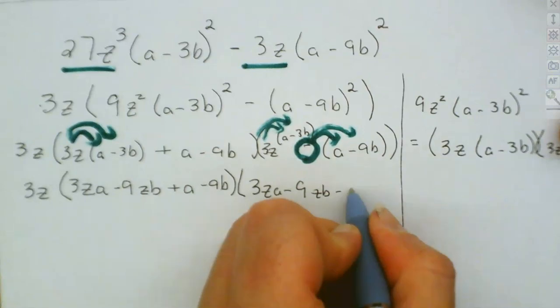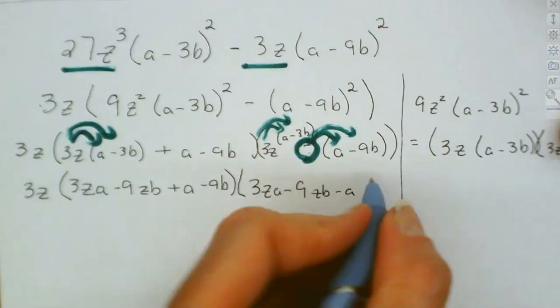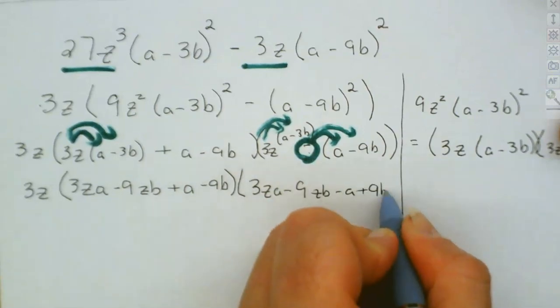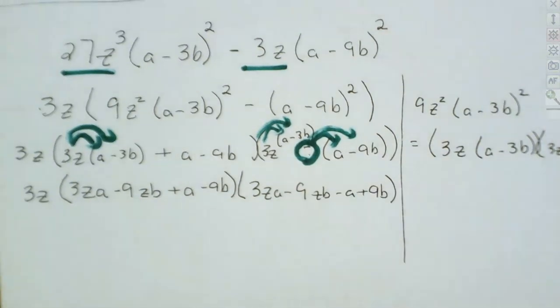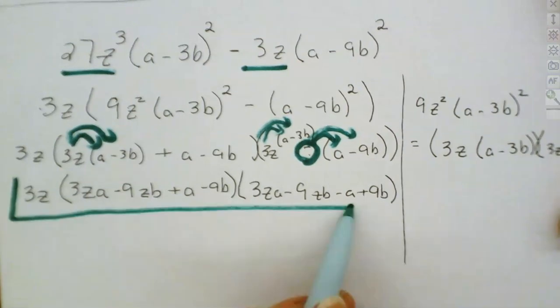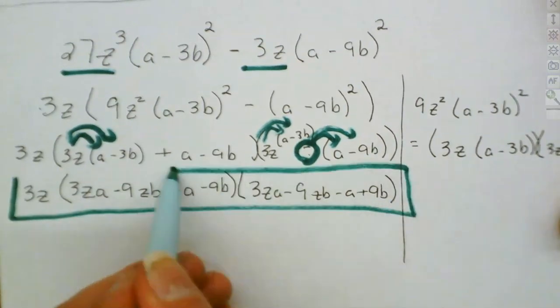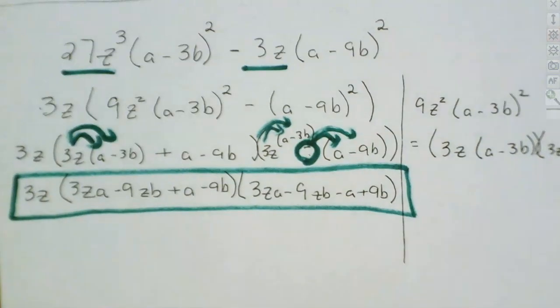And we have a minus a, negative and negative makes it a positive 9b. And that is as far as we can possibly go. So we factored out that 3z, so it came down. We factored it again as a difference of squares. Most of the time, they'll be a little bit easier than that one, but you may encounter something like that.